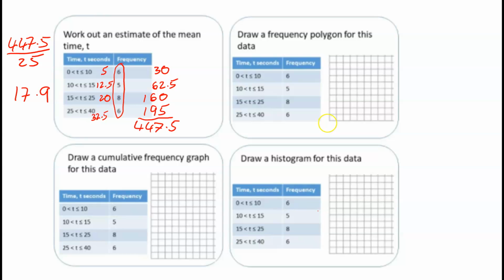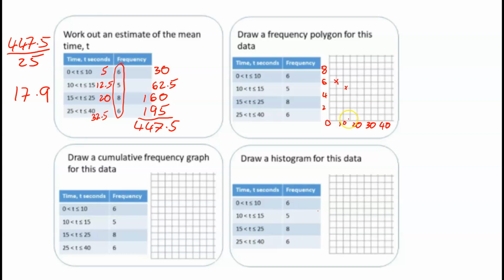So let's actually set up our axes. 0, 10, 20, 30, 40, and frequency just going up the side, so we need to go as high as 8, 2, 4, 6, 8, and we're plotting in the middle of the group, so we've got 6 between 10 and 15, so in the middle there we need 5.